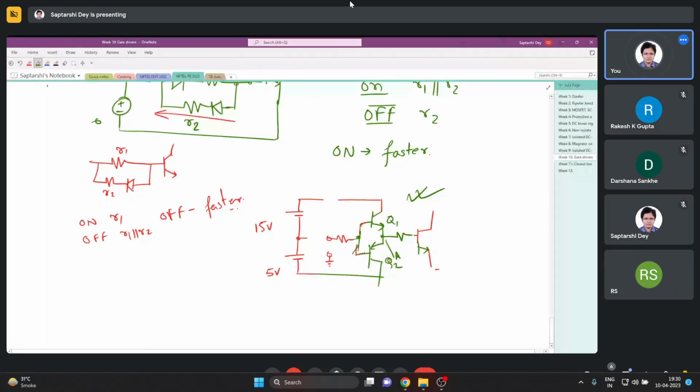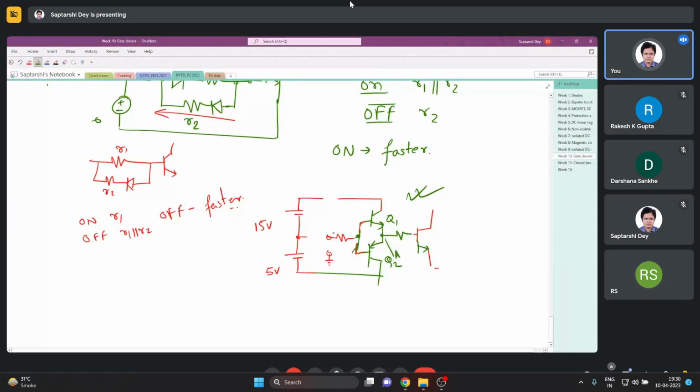Your command signal, when to turn on the switch, when to turn off the switch, is coming from here. Some 15 volts or whatever voltage you have in the inner control, and you design this R value, say I write R1, such that you have enough base current to turn on Q1 or Q2.